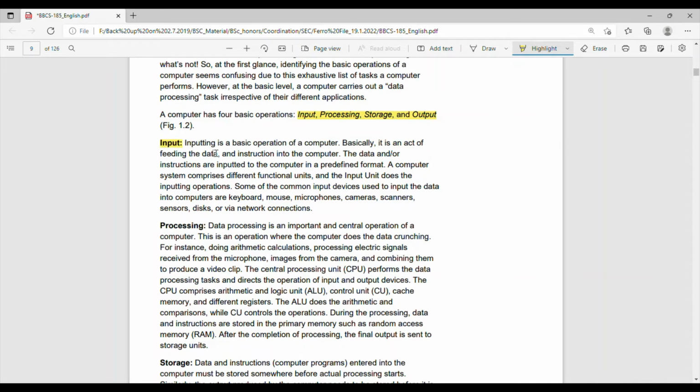First one is input. In simple words, this is where you give instructions to the computer. For example, if you want to write something on a white page, you give some input using a keyboard, mouse, microphones, cameras, scanners, and other tools.